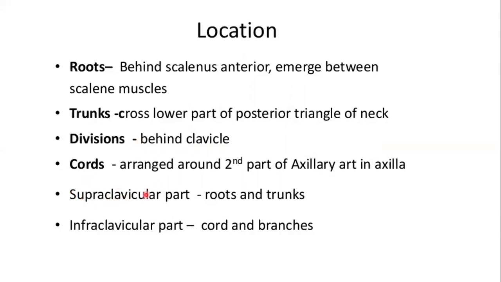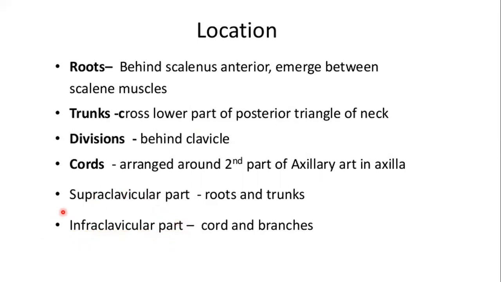The other parts, the roots and the trunks, that are proximal to the divisions, can be called the supraclavicular parts of the brachial plexus. The cords and branches lie below the clavicle, and hence are known as the infraclavicular part.